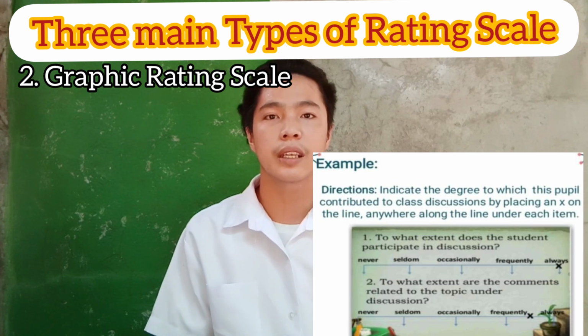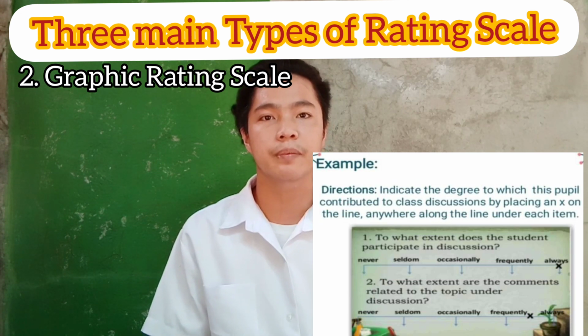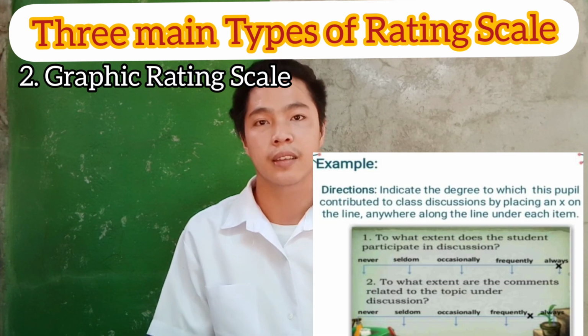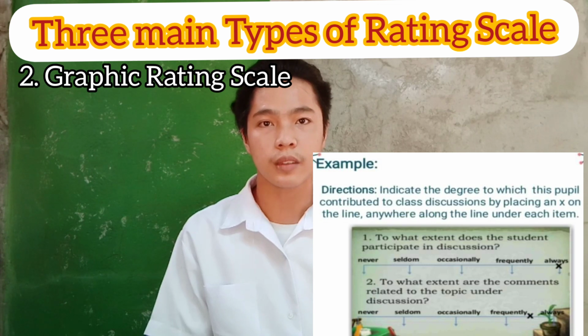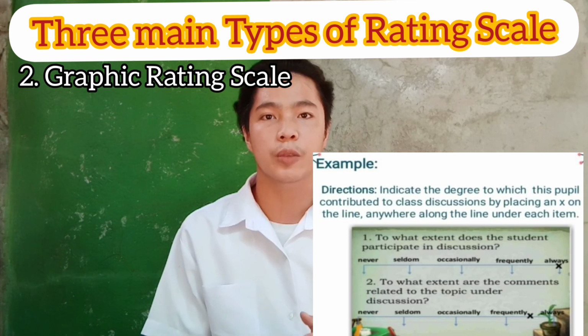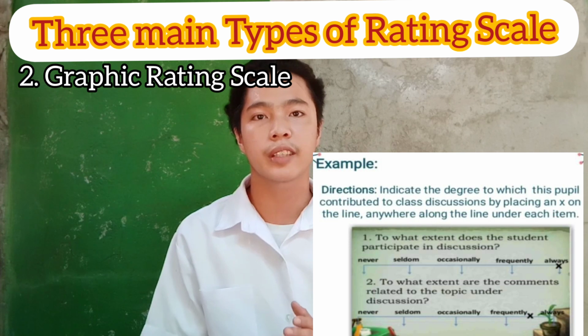So, hindi siya katulad nung numerical rating scale na pag nilagay mo sa number 3, eksakto, nasa average na talaga siya. But in this, it can be exact on the descriptor or in the middle of the two descriptors.